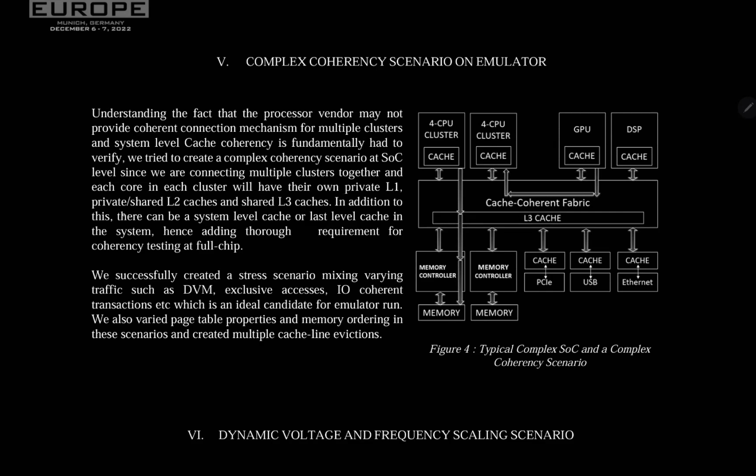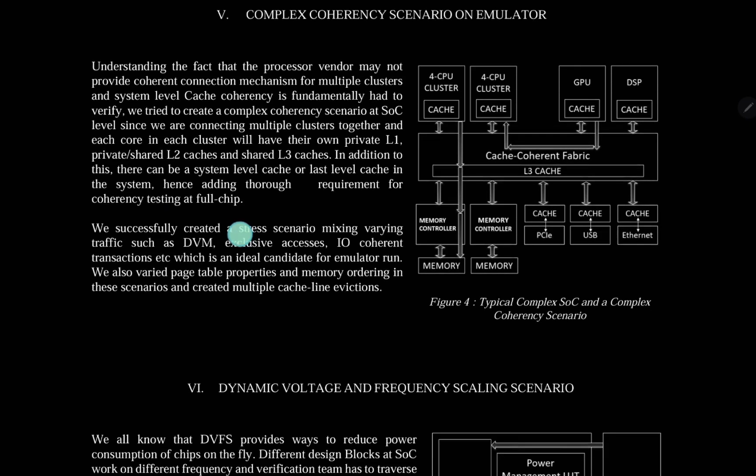In addition to this, there can be a single level cache or a last level cache on the system, hence adding to the requirement for coherency testing at full chip. We successfully created stress scenarios using varying traffic such as DVM, exclusive accesses, IO coherent transactions, and etc., which is an ideal candidate for emulator.